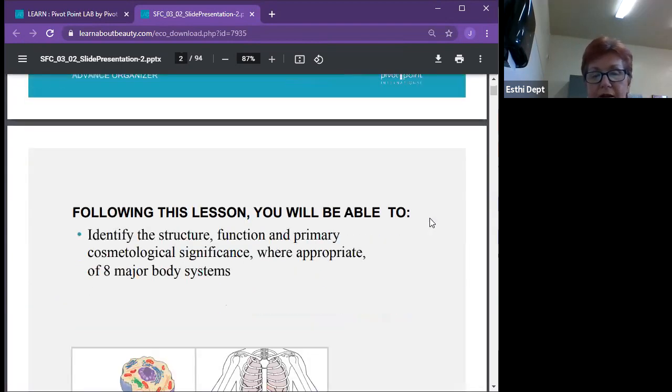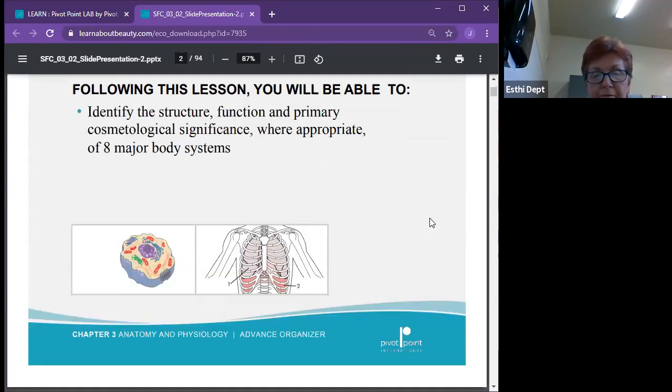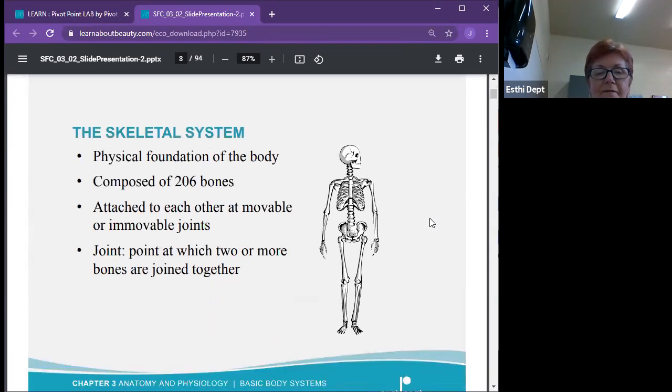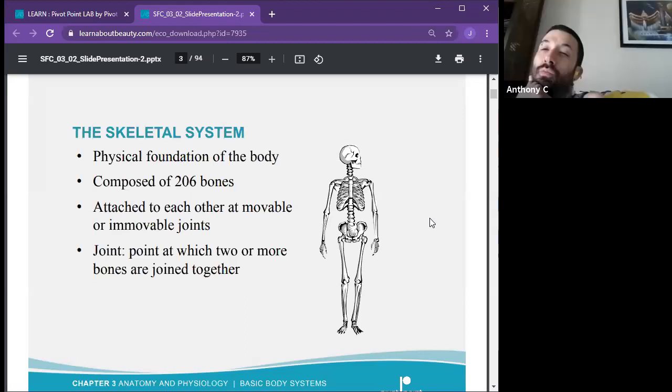All right, here we go. First one of the skeletal system is this. And before I start this, let me ask you something. Do men and women both have an Adam's apple? Yes, they do. Okay. Do men and women have the same amount of ribs? No. No? Okay.